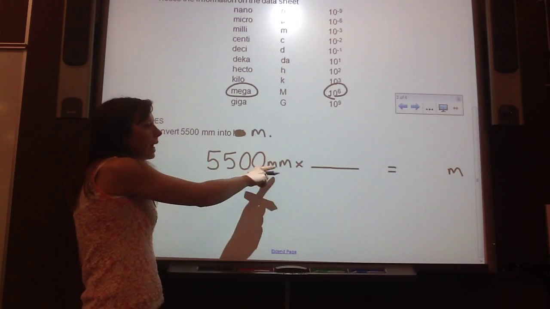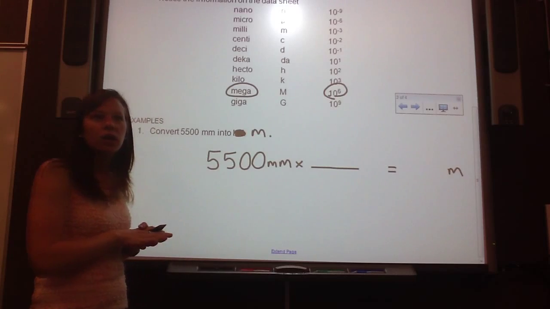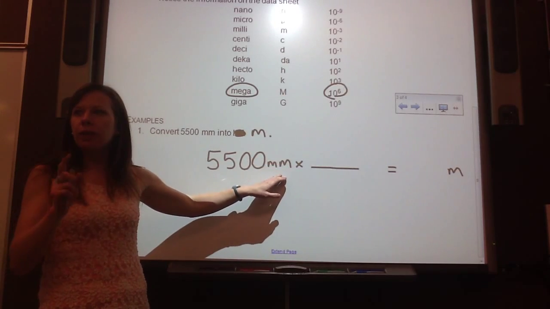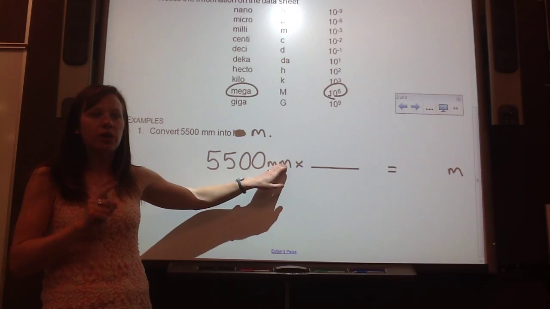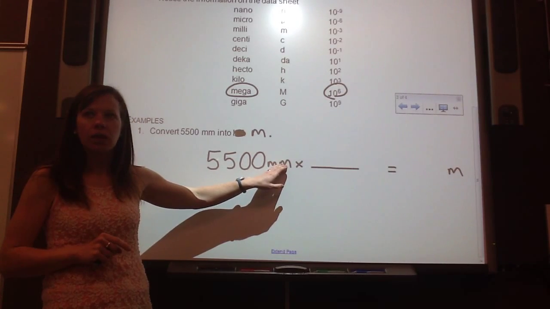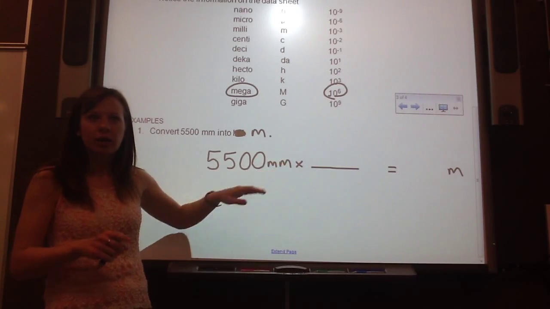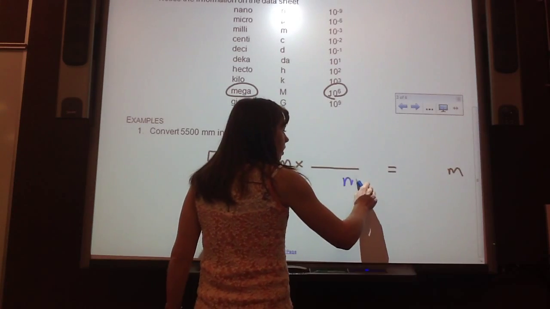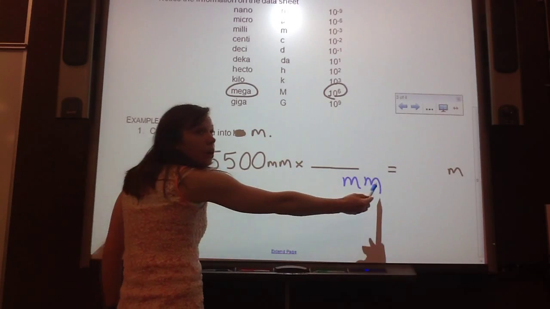So if I want to get rid of millimeters, if we think about it as a variable, where does it need to be in the fraction, the top or the bottom, if I want it to cancel off? The bottom, because now you can cross it off.